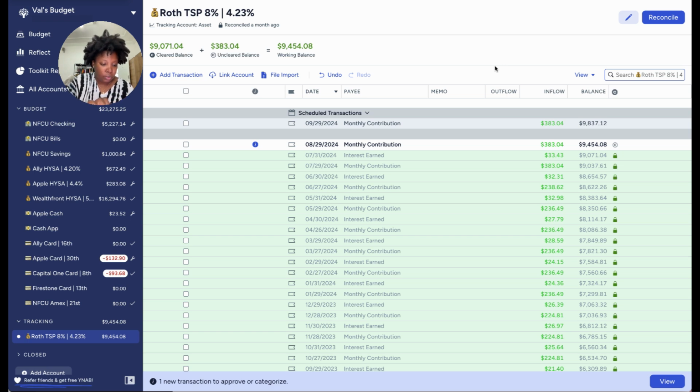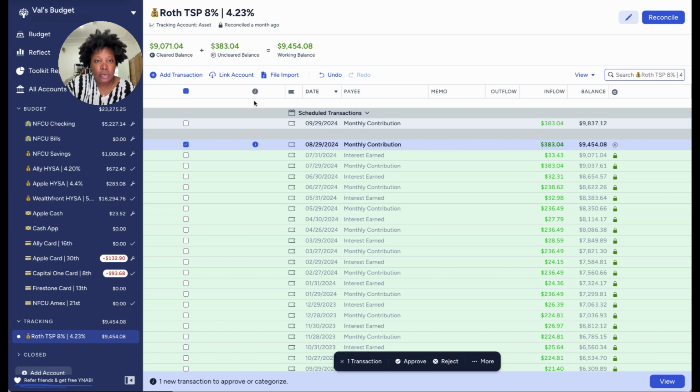So let's go to account activity and look at the by date amounts. So we have on August 28th, $383.04. August 28th, yes. So let's just go ahead. I don't know why this shows like this, but let's go ahead and approve that.